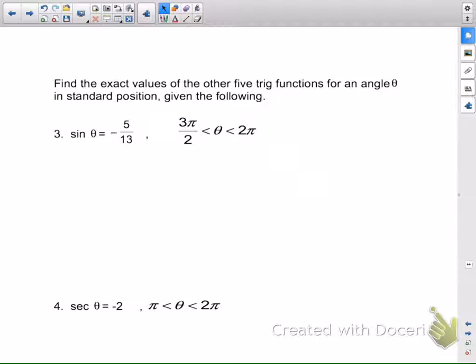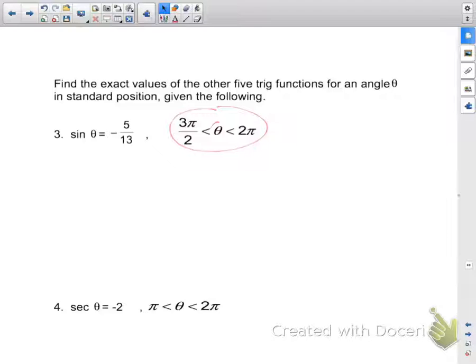Now, first, let's talk about what this means. This is telling me a location. They will not always tell you a specific quadrant, but this one has. This is saying your angle is between 3 pi over 2 and 2 pi.